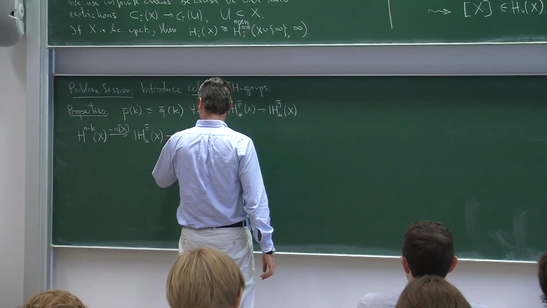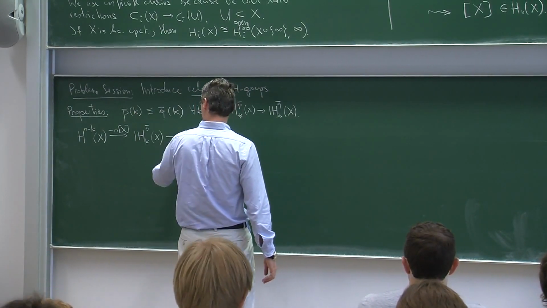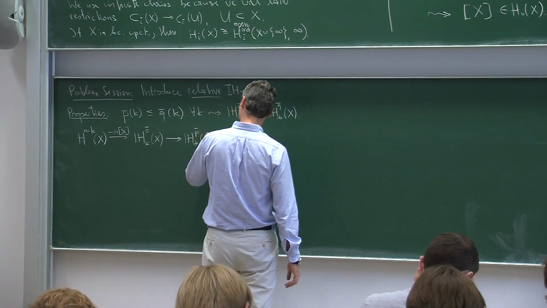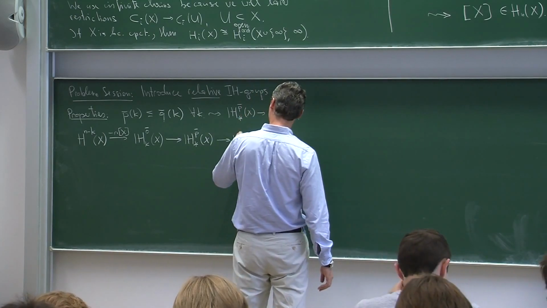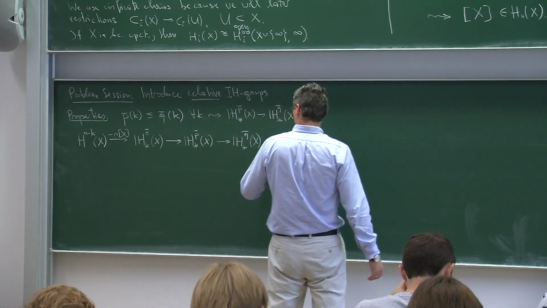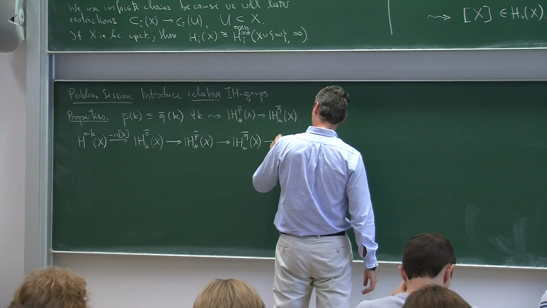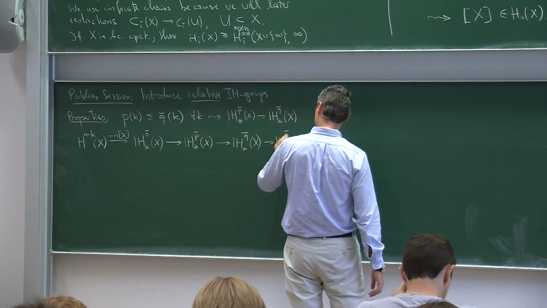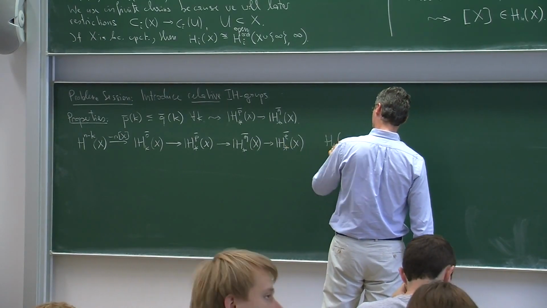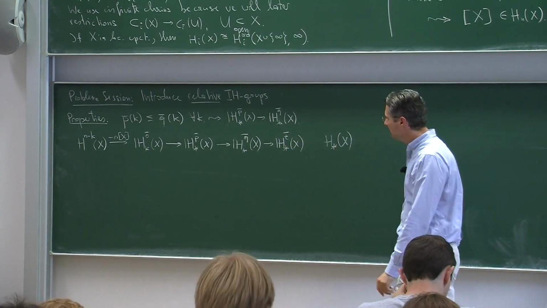And from this you can go on to higher perversities and so on. There are all these groups now sitting in between here, as we said. Finally, of course, you get to the top perversity. And if you don't place any restriction at all, you go to homology.